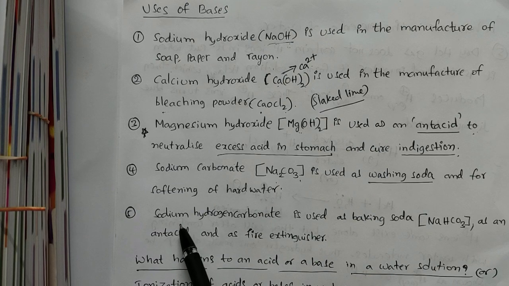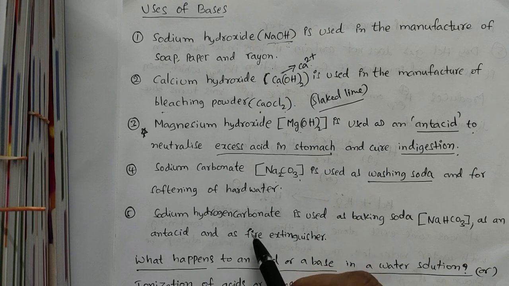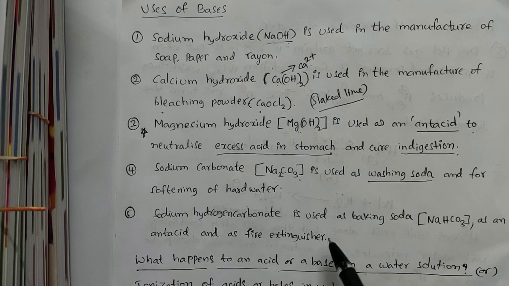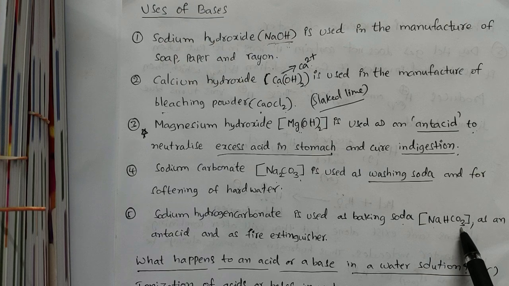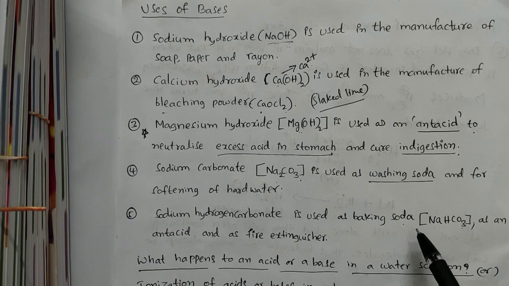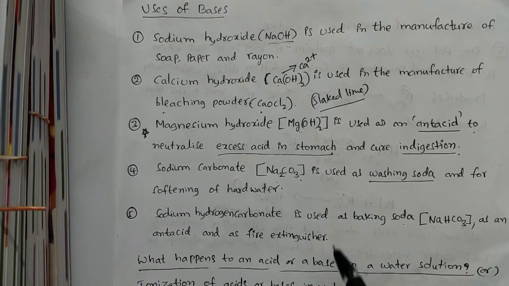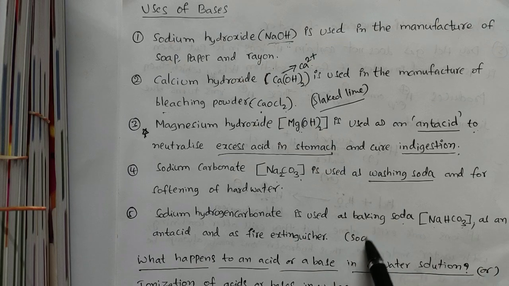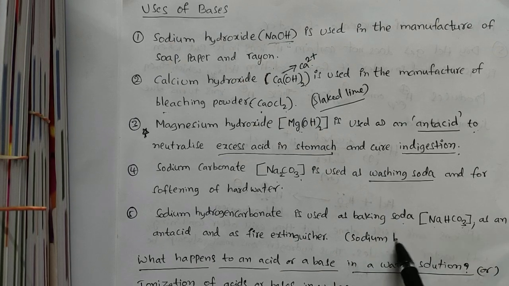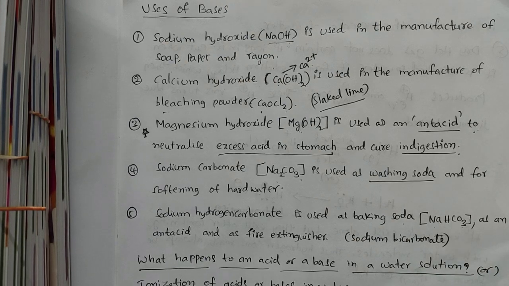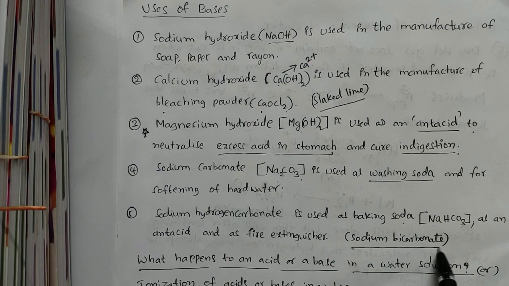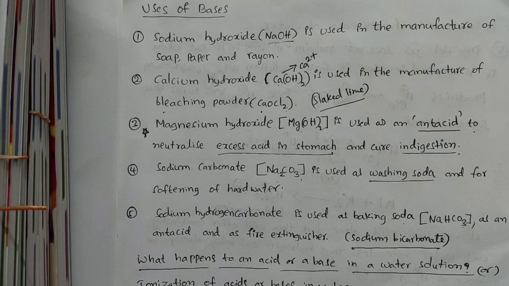The next base is sodium hydrogen carbonate. It is used as baking soda. Its formula is NaHCO3. Sodium hydrogen carbonate is sometimes called sodium bicarbonate.